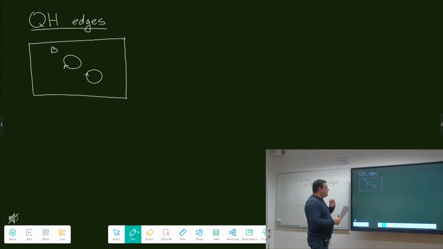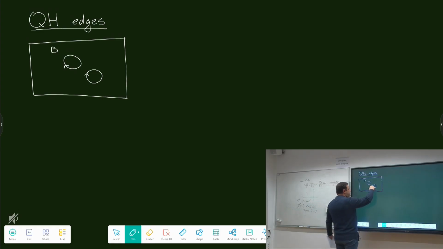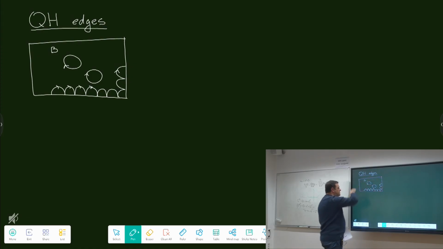But other than these circular orbits, there is something that happens at the edge of the sample. An electron is trying to do the same circular thing, but only half of the circle fits here, so the electron bumps at the edge and goes like this and can go around the corner and continue along this edge and so on.